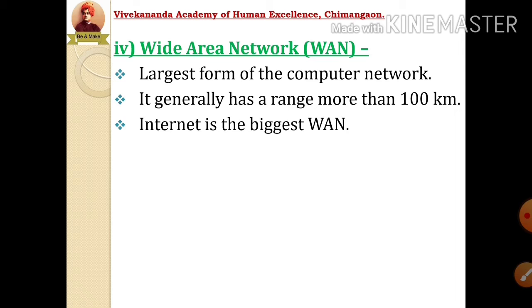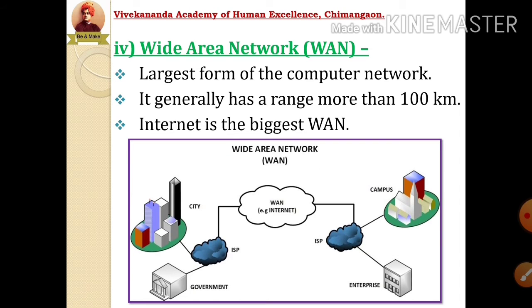All over the world the internet is accessible, and all the computers throughout the world are getting connected with the help of internet. Okay, so internet is the biggest network, also considered as a wide area network. Here I have shown you the diagram of wide area network.